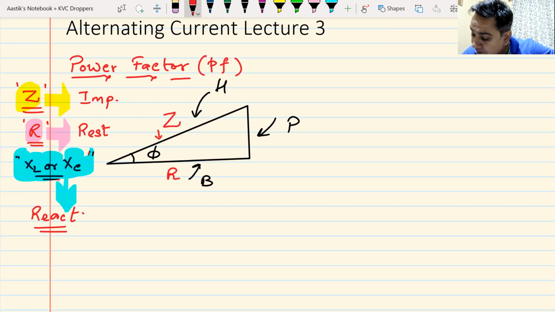And the perpendicular is your X. Now, this could be XL. This could be XC. This could also be a combination of XL minus XC or XC minus XL. So this can be XL or XC, or it can be XL minus XC, or it could be XC minus XL.